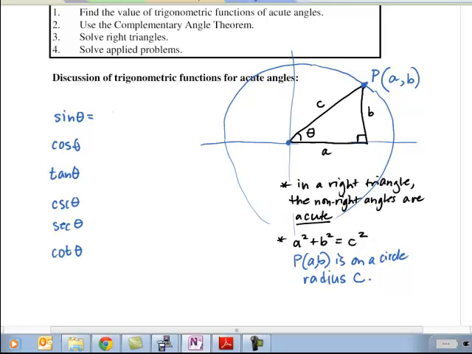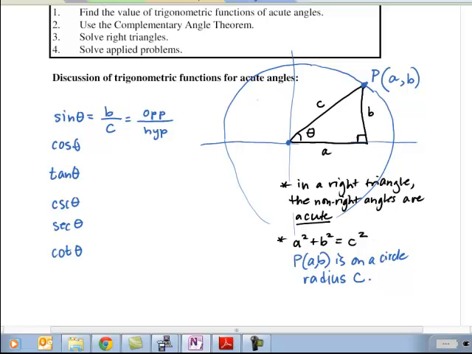So in this case, the y-coordinate is B, the radius is C. And what we want to notice is, relative to this angle theta, B is what we call the opposite side, and C is the hypotenuse of that triangle. So we'd say the opposite side divided by the hypotenuse would be the same as the sine of that angle theta.